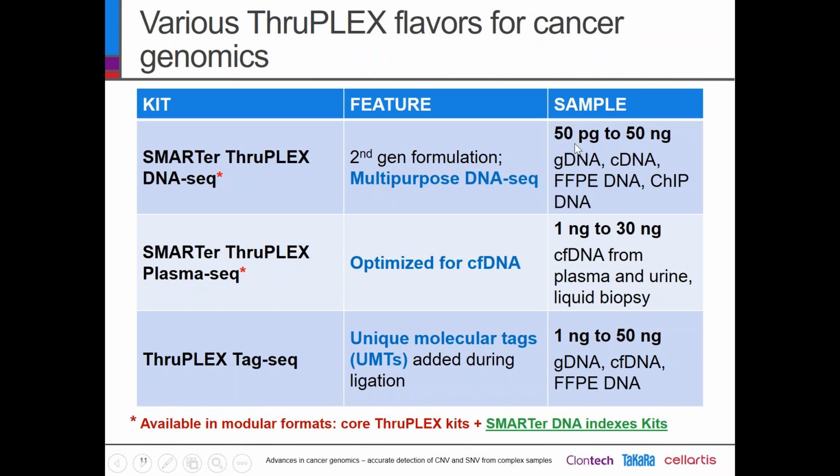You can work with as little as 50 picograms of DNA, but I have to say that this one has not been really optimized for the complex samples we discussed previously in the introduction, maybe only for FFPE samples.